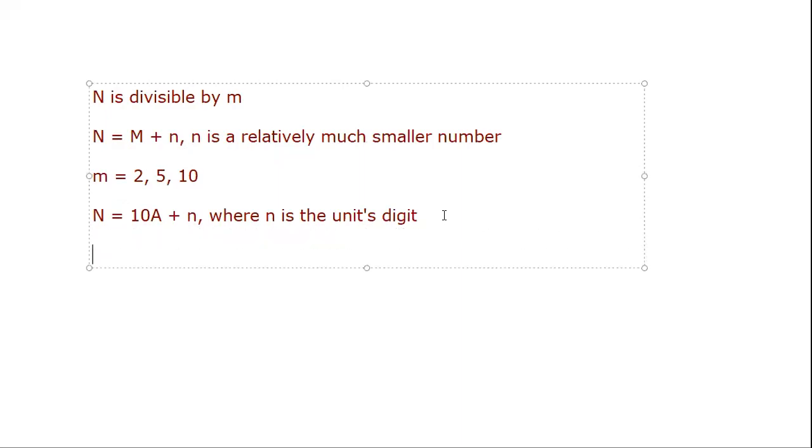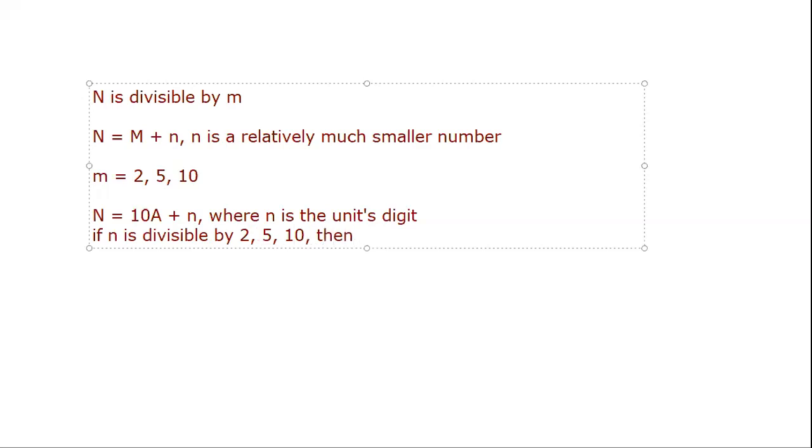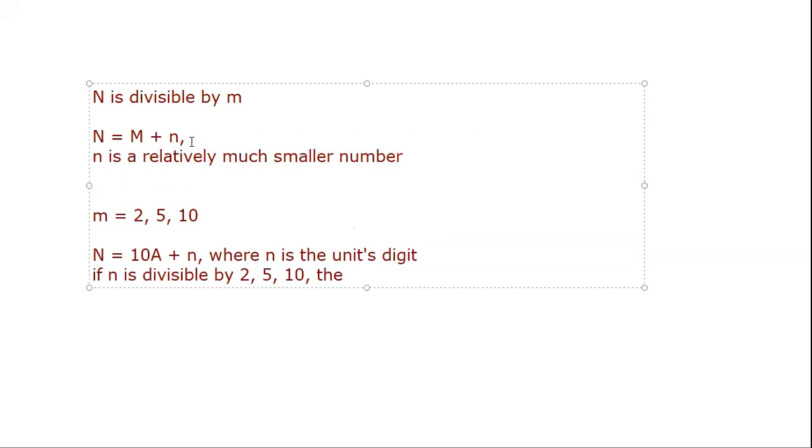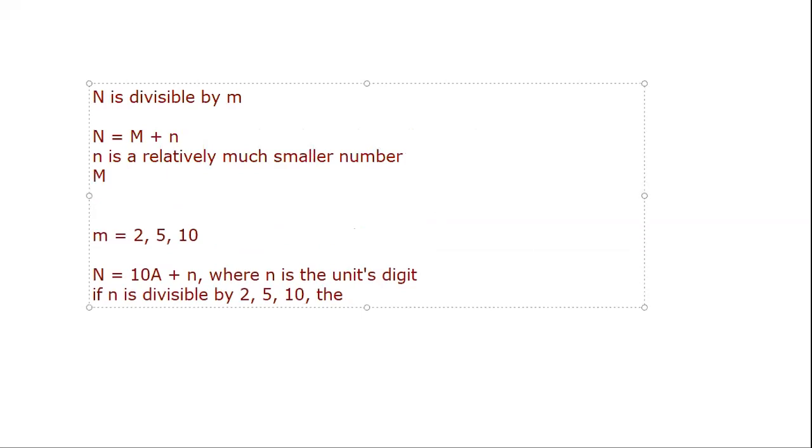We need n to be a relatively smaller number so that it's easy to check, and we need this part to be clearly divisible by m, so that it can be written in the form of some a times m.